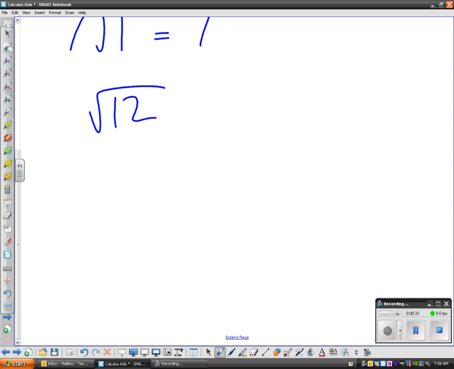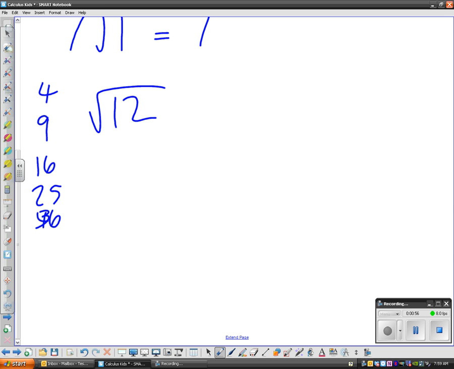Radical 12. Radical 12, you always look for perfect squares that break down into the number you're trying to simplify. So a good way to do this when you have a lot of radicals to simplify is to write out your perfect squares on the side like this. And so on.